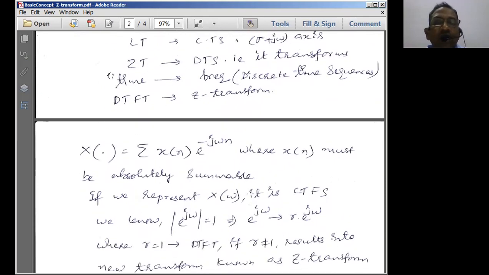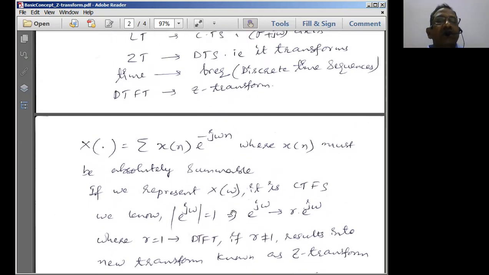The discrete time Fourier transform is going to be the last unit for us to discuss. So let us write this transformation now. X of omega is equal to the sum of x of n e to the power minus j omega n, where x of n must be absolutely summable.